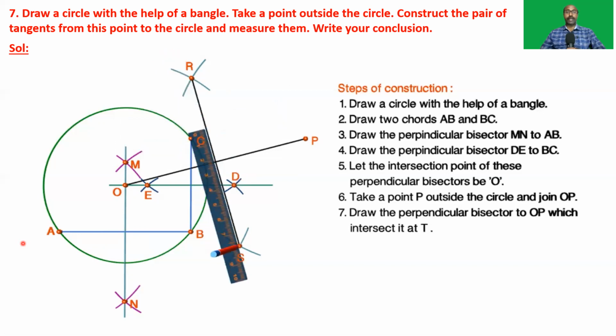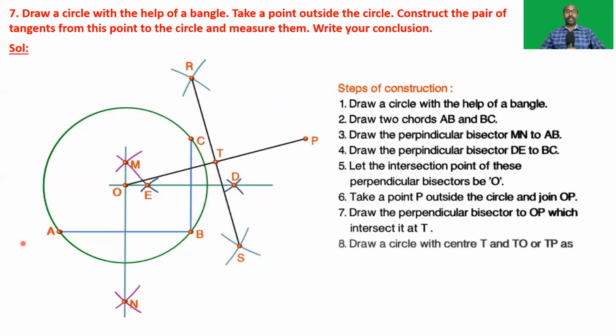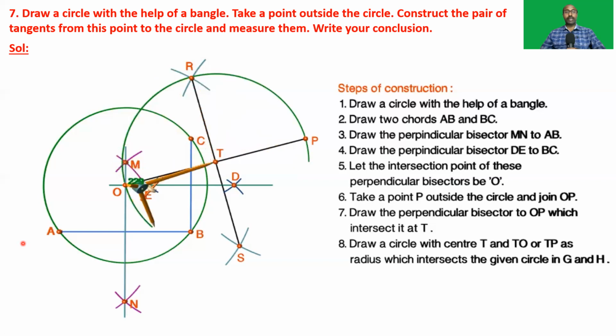Now let the intersection point of OP and RS be T. Now TO is equal to TP, and by taking T as center and TO or TP as radius, draw a circle, and the circle so drawn is intersecting the first circle at G and H.